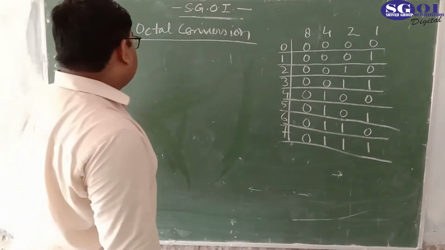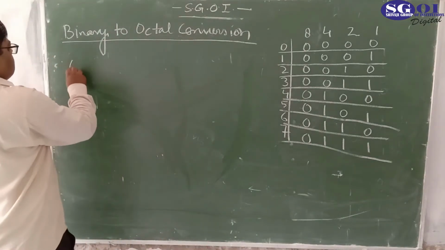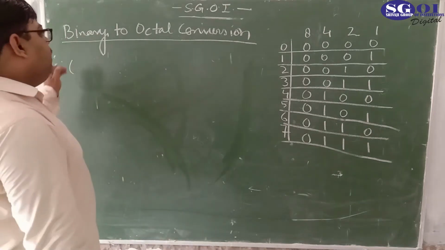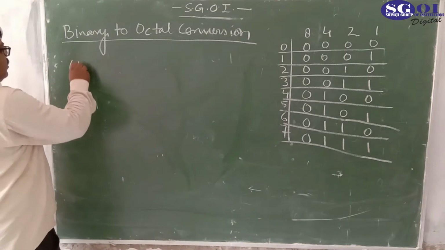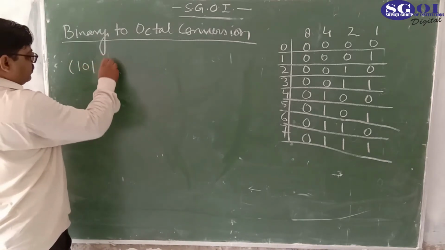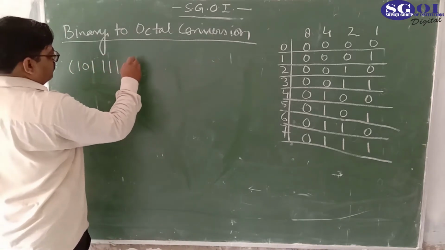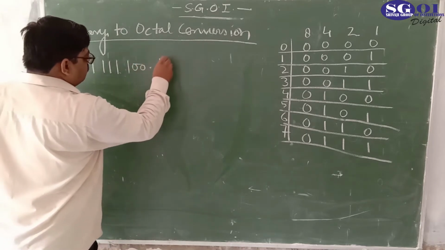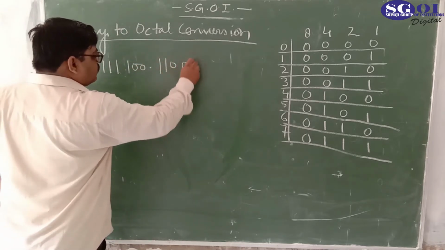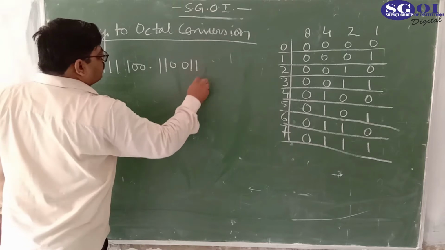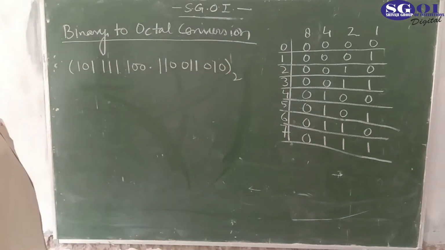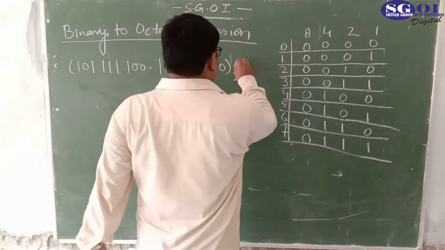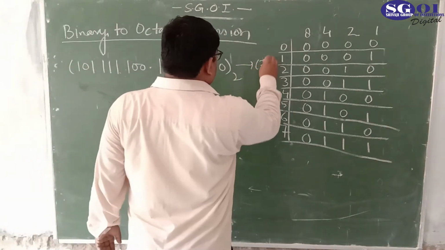Then after that you see a problem: how we convert a binary number into an octal number. This is a binary number and we want to change this number into octal.